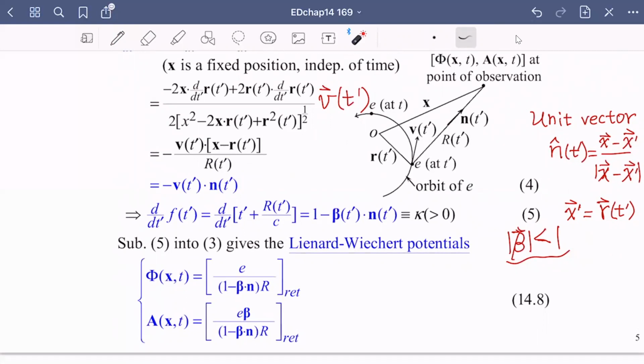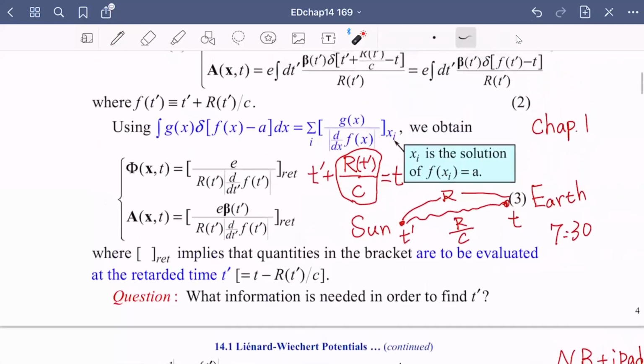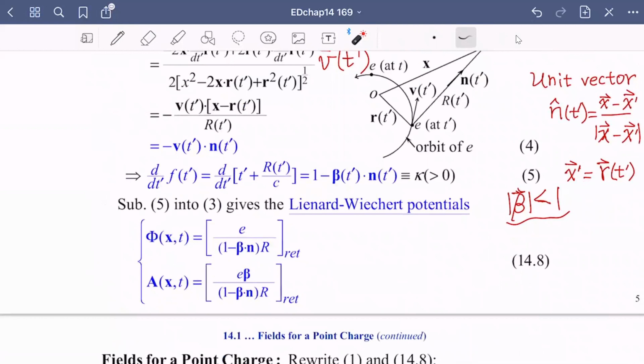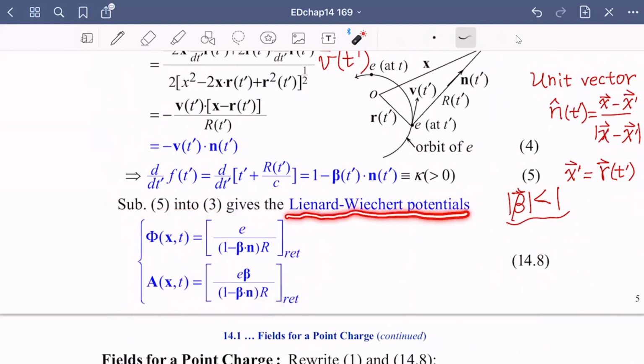Therefore, here, you don't have to define kappa, actually. Just have an idea. Substituting equation 5 into equation 3. Where is 3? This is equation 3. Okay. We eventually have a simple expression that has a very famous name, Liénard-Wiechert potentials. Why is it famous?